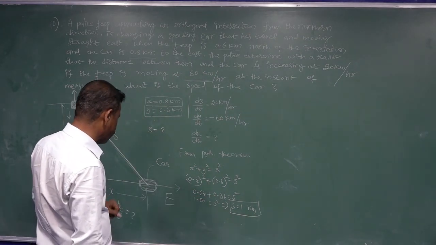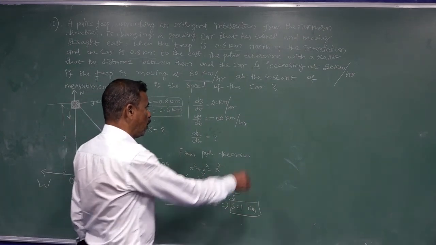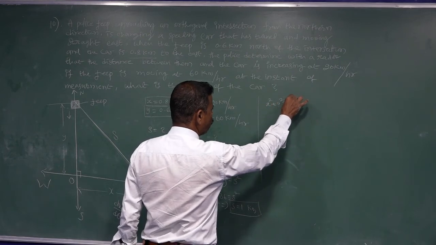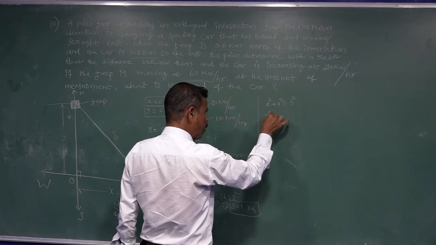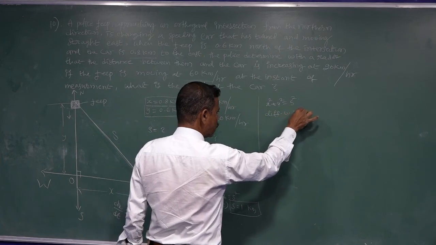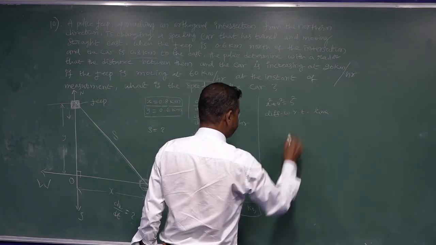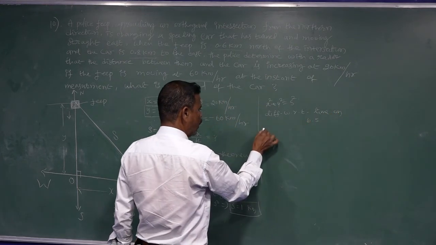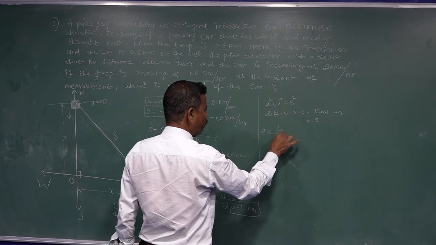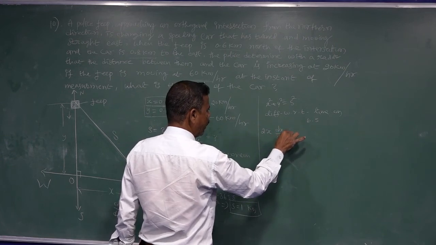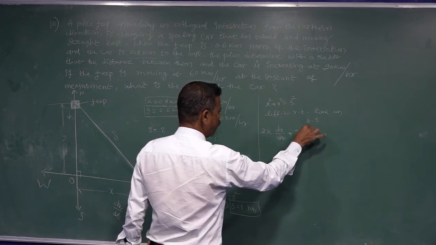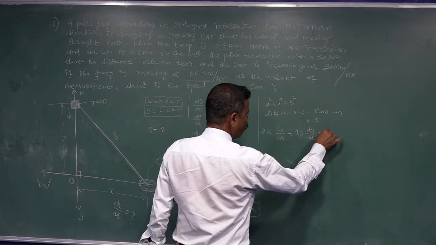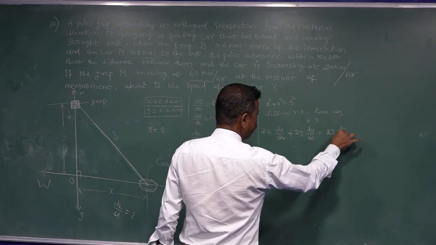He is asking dx by dt. So now from the relation x square plus y square is equal to s square, differentiate with respect to time on both sides. The derivative of x square is 2x dx by dt, plus y square gives 2y dy by dt, equal to 2s ds by dt.